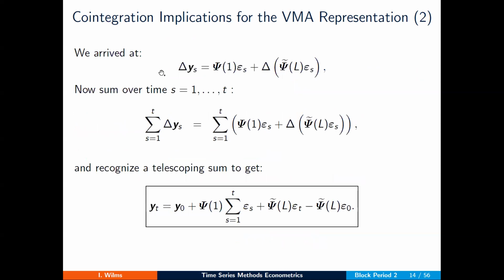So on this next slide, I recopied the expression that I obtained in the last step of my previous slide. And what I will do next is take the sum at both sides over time points s equal to 1 up until small t. So the sum of this difference, and at the right-hand side, I also take this difference.